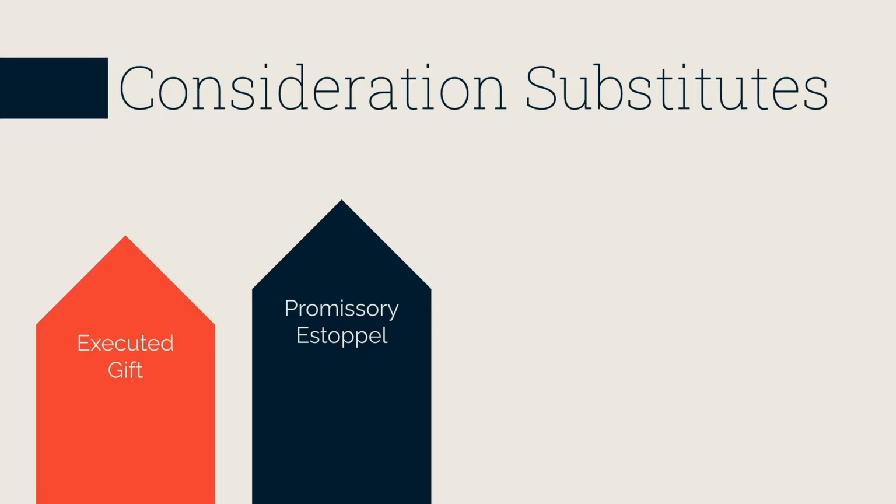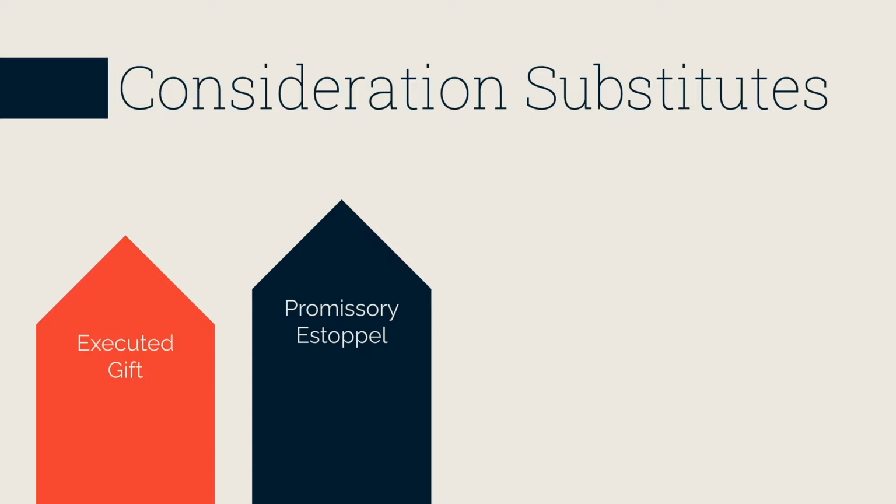And the idea is that a promisor makes a promise that induces a detriment from the promisee, meaning it induces the promisee to take action or refrain from action in response to the promise, and that reliance is something that would be reasonably foreseeable or expected by the promisor when she made the promise, and that ultimately that reliance has been detrimental to the promisee, such that we now have to ask, does justice require the enforcement of this gratuitous promise, even though it's gratuitous in the first place?